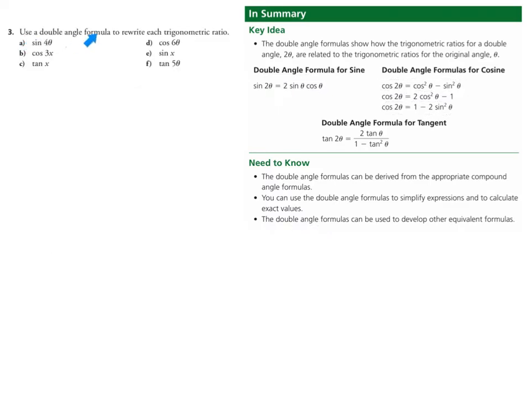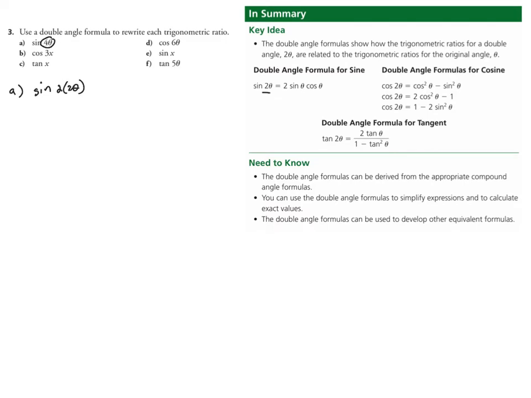Use a double angle formula to rewrite each trig ratio. So sine of 4 theta. Let's just say this is sine of 2 times 2 theta.